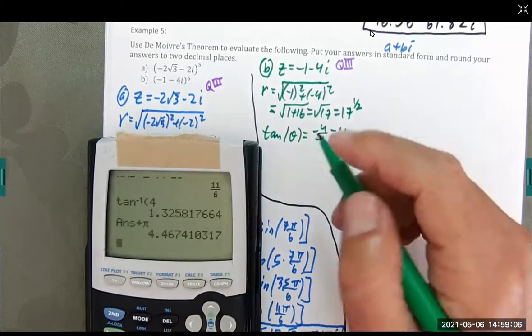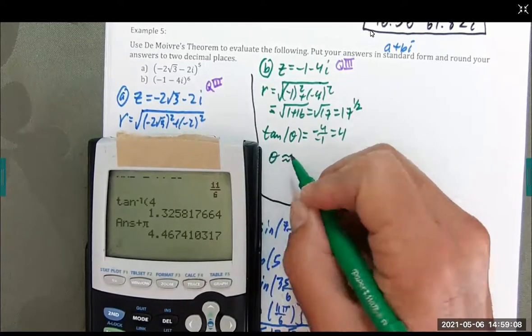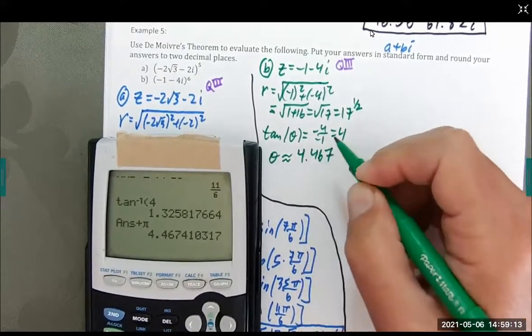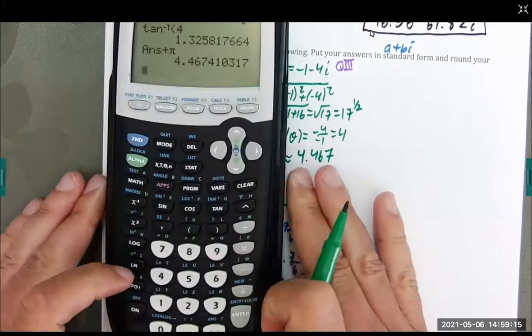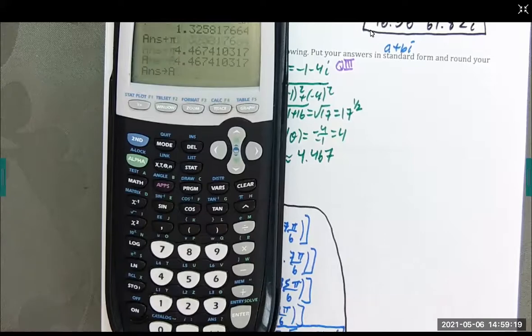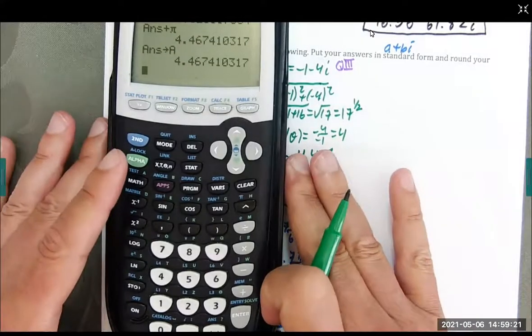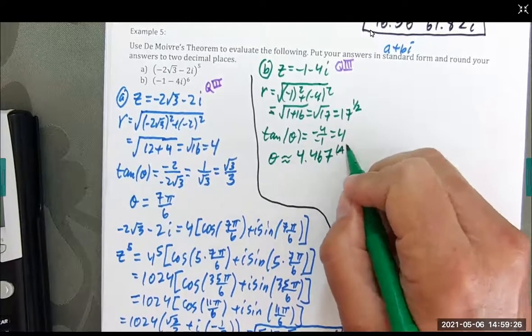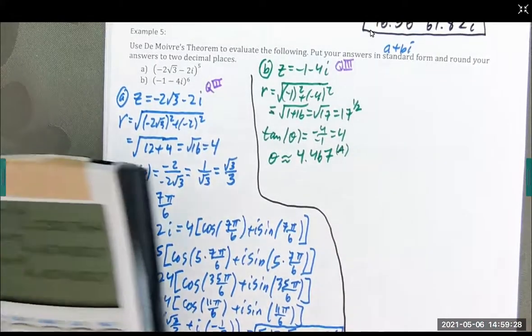So the theta of interest, I'll say 4.467. And I'm going to store that, remind you how to do that. I'm going to store that into memory A. So I'll put that into memory A. That way I get to preserve all those digits.